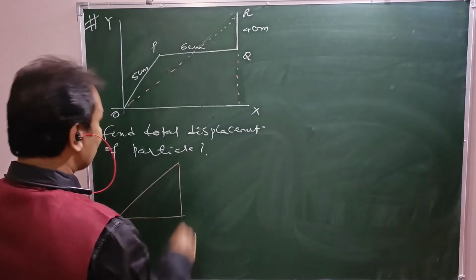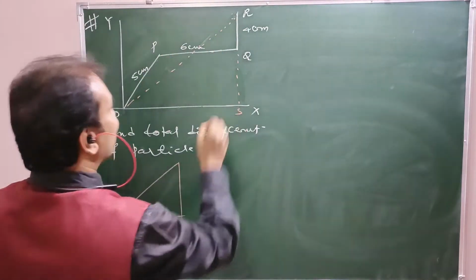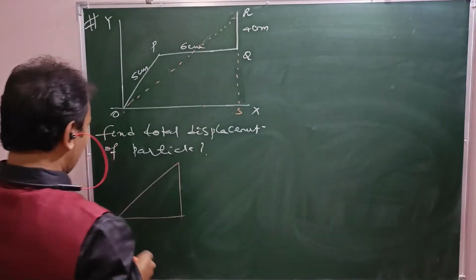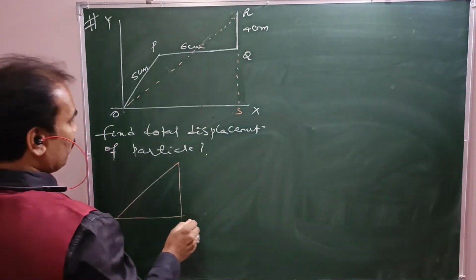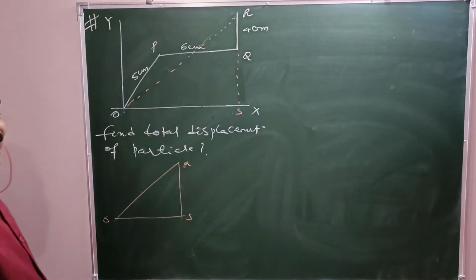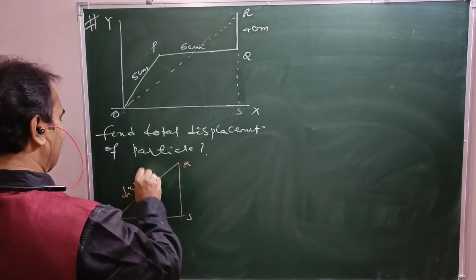Say O, P, Q, R, let this be S. So, right angle triangle O, S, R. In that right angle triangle OSR, OR is the displacement.